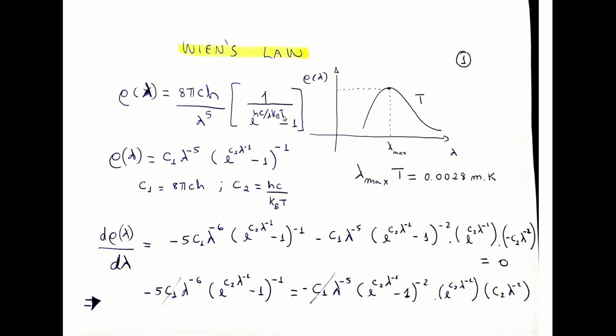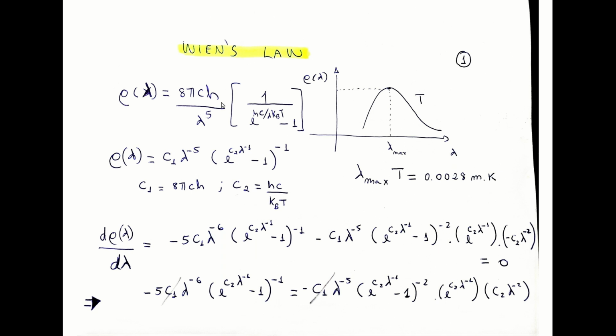And then here I did the same thing, so it's C2, moving lambda upstairs. That's why we have a negative sign here, and then moving the whole denominator to the upstairs position right here, that's why we have a -1 again. So this will hopefully help us to derive this function.